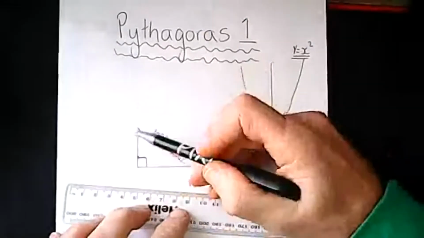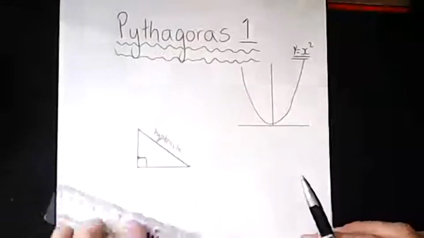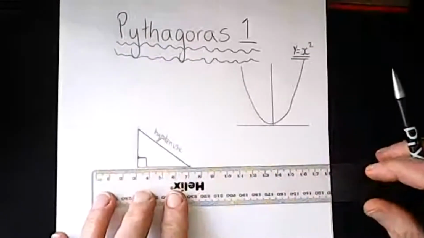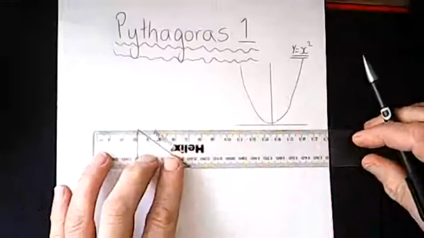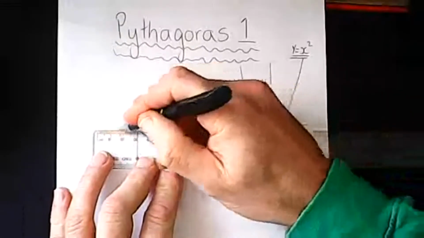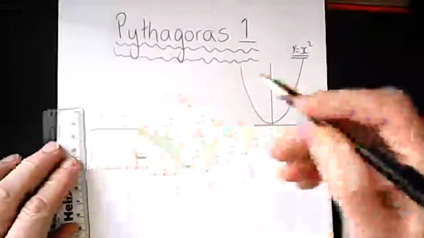So we're going to use these sides, and what I'm going to do is measure this side and make a square attached to that side. So this is the side, it's one of the smaller ones first of all, and we're going to make a square from that side.